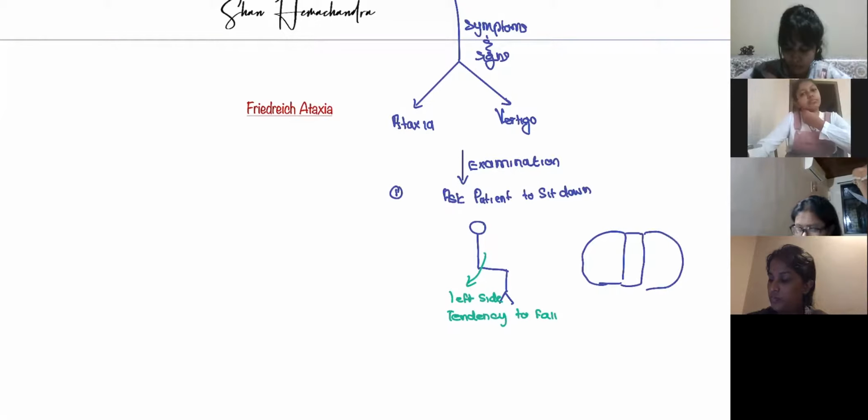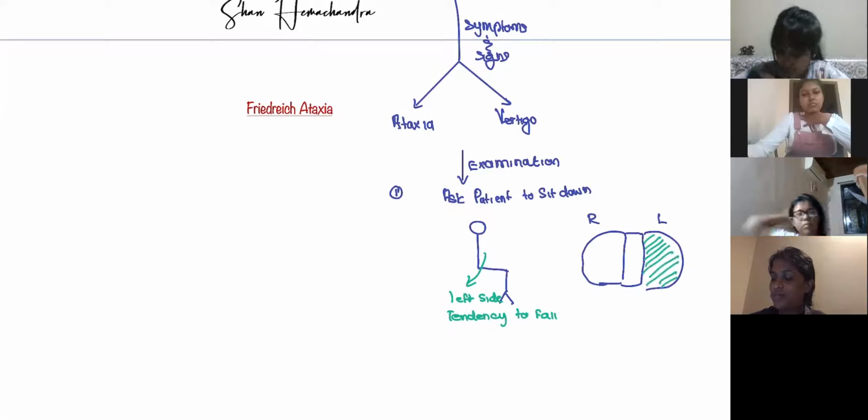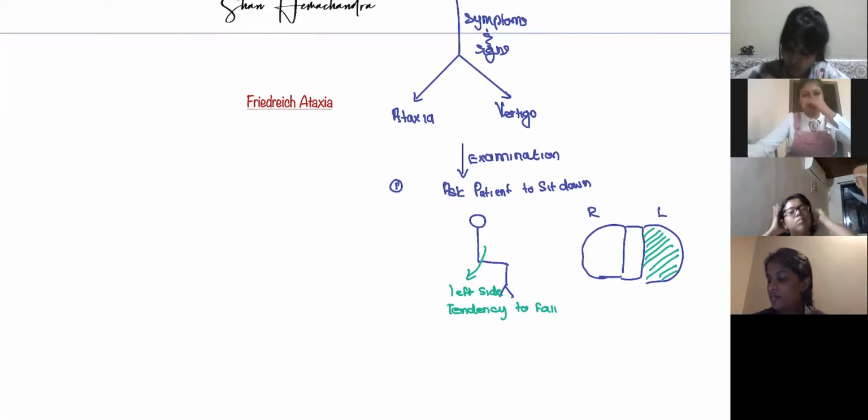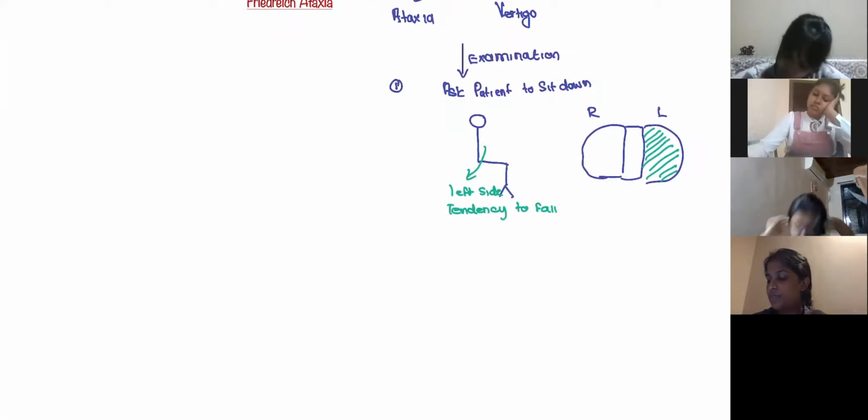I hope you guys know in anatomical drawings, this is usually the right side, this is usually the left side. So the left side is damaged. He tends to fall towards the direction he has a problem. Now you know his left cerebellum might be damaged.